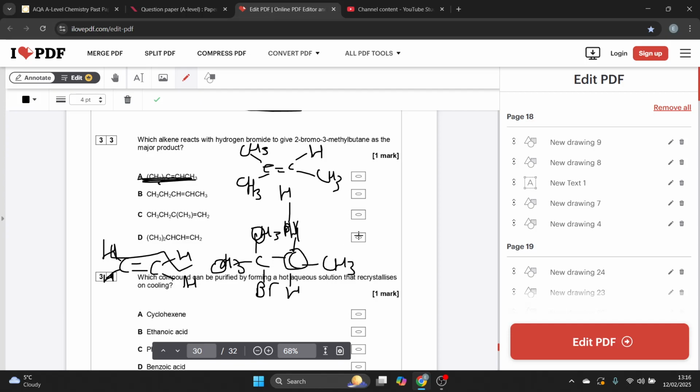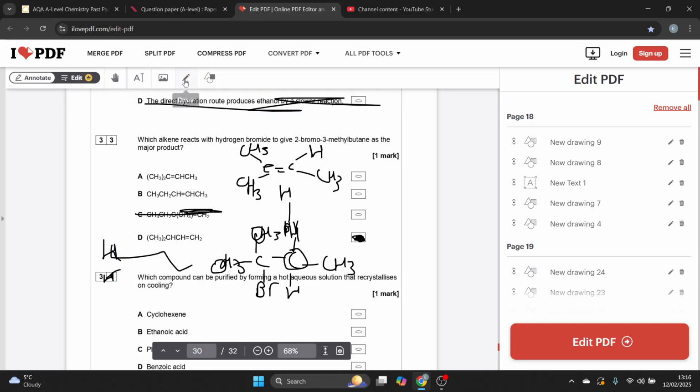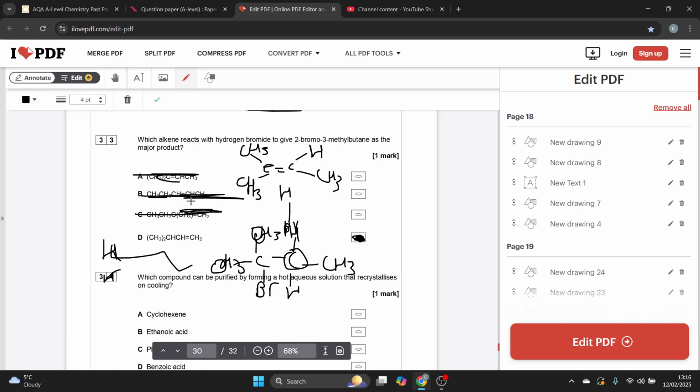Yeah, that definitely will, because the bromo will be there and the 3-methyl will be there. I drew that wrong anyway. 2-bromo, 3-methyl. No, that's not even 3-methyl. No, that's a CH2. That's not a methyl group. With A, I could apply the same thing as well. 2-bromo, yes. 3-methyl, no. So yeah, the answer must be D.